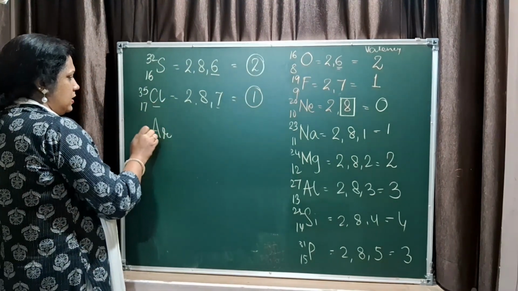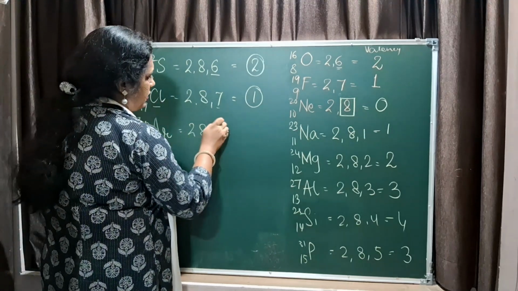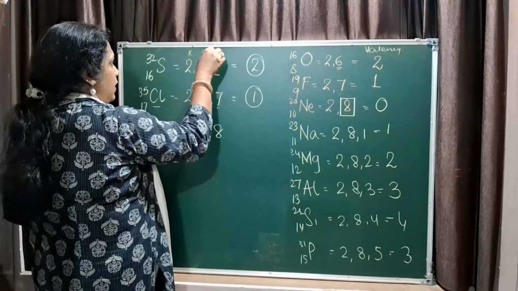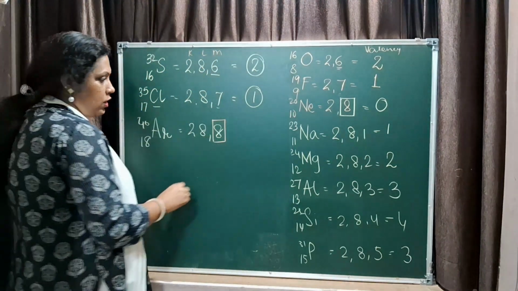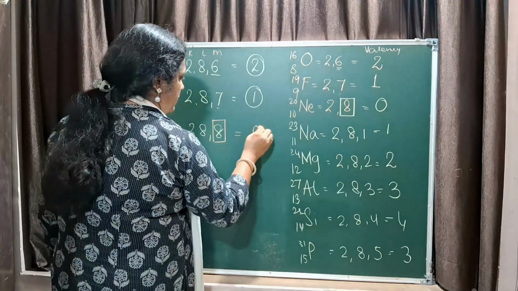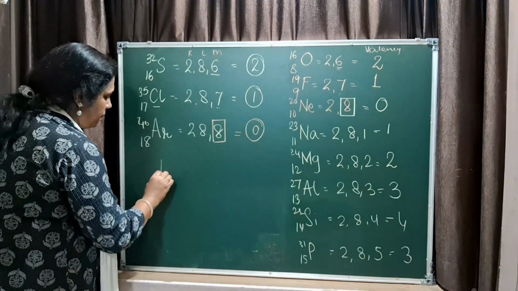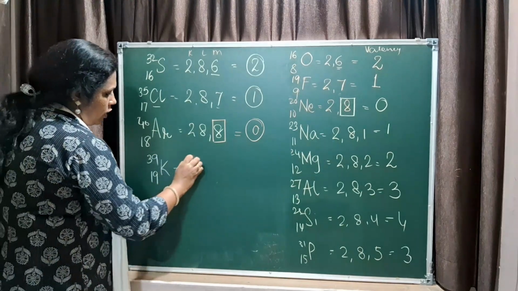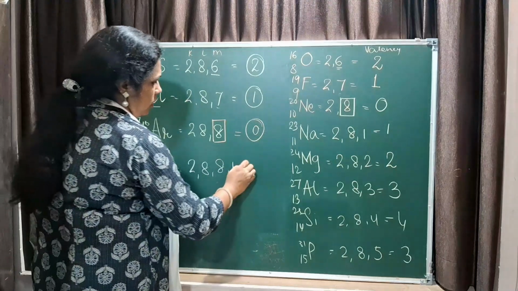Argon 18, 40. 2, 8, 8. Now the M shell is now full. So here the valency 8 minus 8 is 0. Right. Potassium 19, 39. 2, 8, 8, 1.